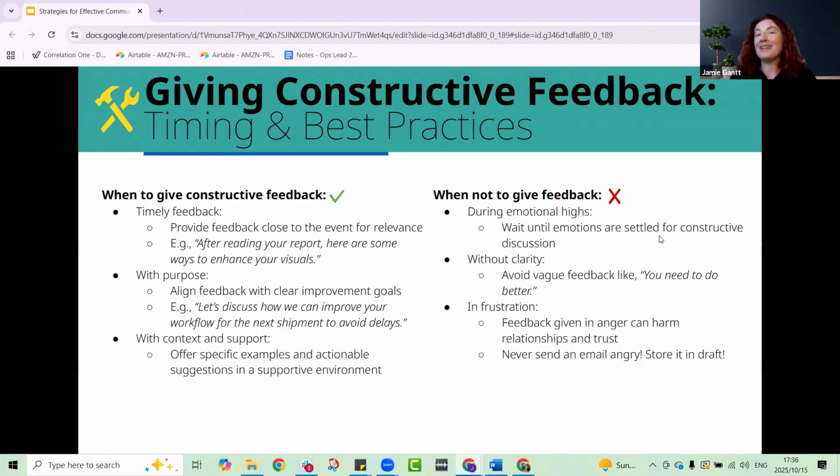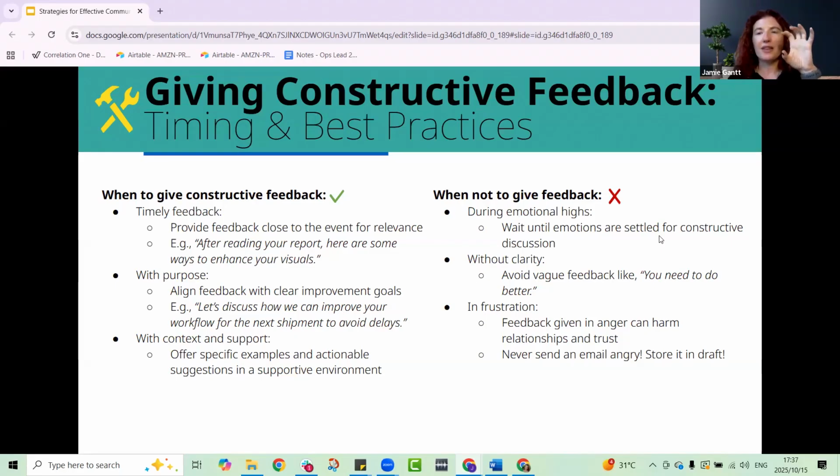Okay. And since we're talking about timing, Vasile, since you brought that up, timing also matters. So there's a time to do it and a time not to do it. So if the person that you're wanting to give the feedback to is emotionally heightened, wait until the emotions calm down. If you remember from the lecture that we did, there was an example of a safety issue.